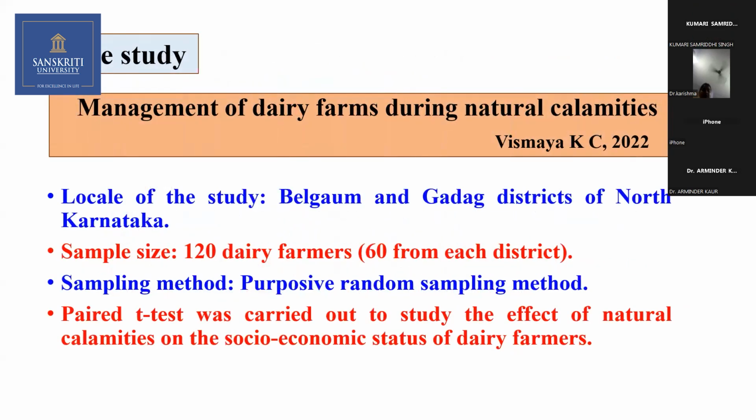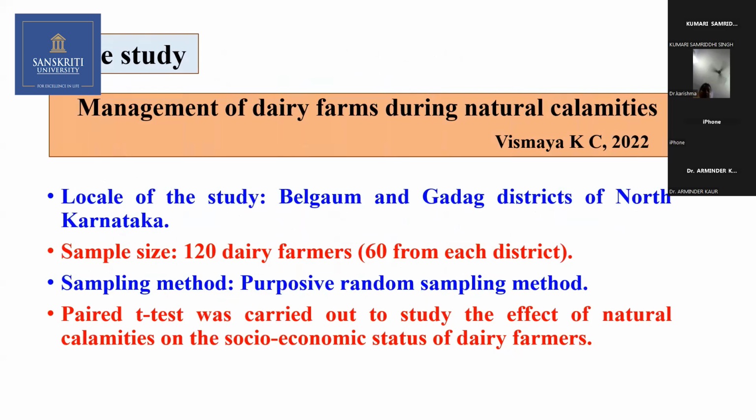This is actually a research topic conducted by our university PhD student, on management of dairy farms during natural calamities. The study was conducted in 2 districts of North Karnataka with a sample of 120, 60 from each district.